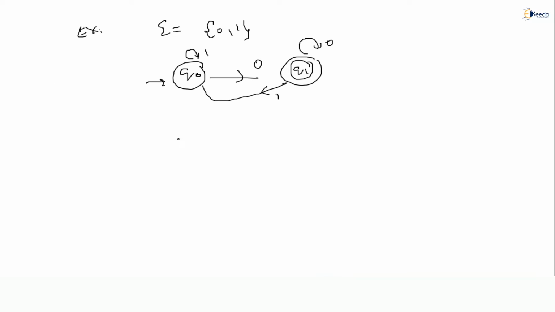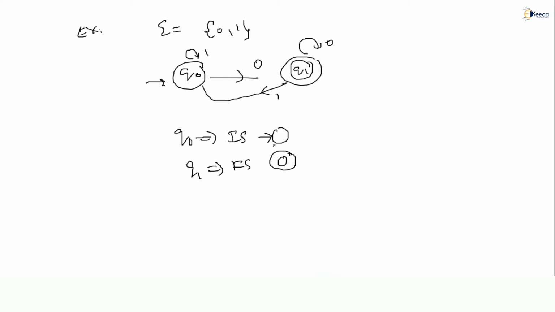Now you see here, what is Q naught? Q naught is nothing but the initial state. Are you getting it? What is Q1 here? Final state. Why? The final state is represented as two circles. The initial state is represented like this. Final state is represented as what? Two circles. That you have to understand. Initial or start state, you can say.